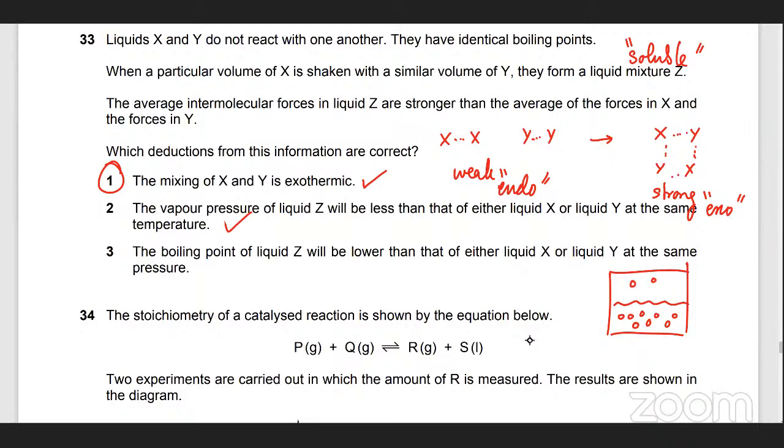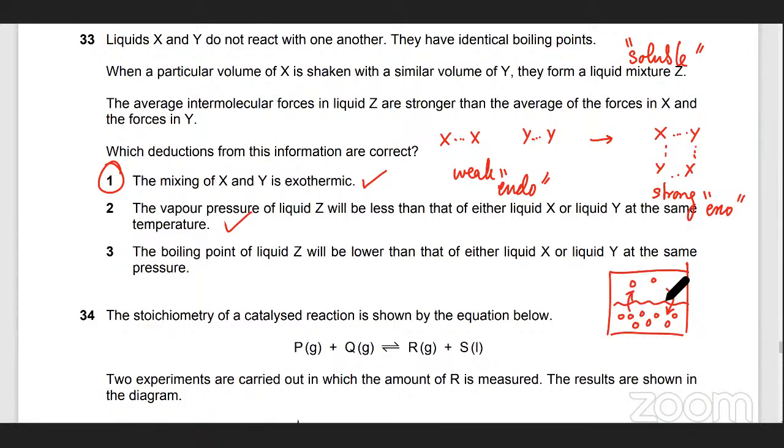So vapor pressure is the pressure exerted by the vapor of the substance when it's in equilibrium with the liquid phase. And it can only be in equilibrium with the liquid phase if it's in a closed container, where it would be evaporating, but also condensing back again. So the vapor that would be formed would be exerting a pressure in the container.